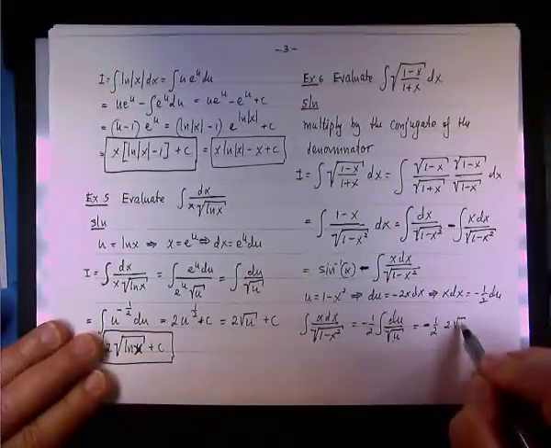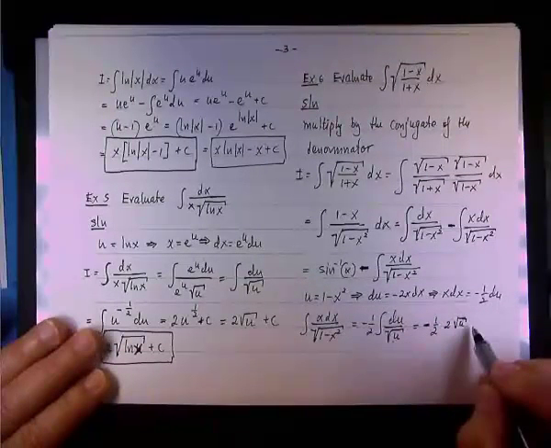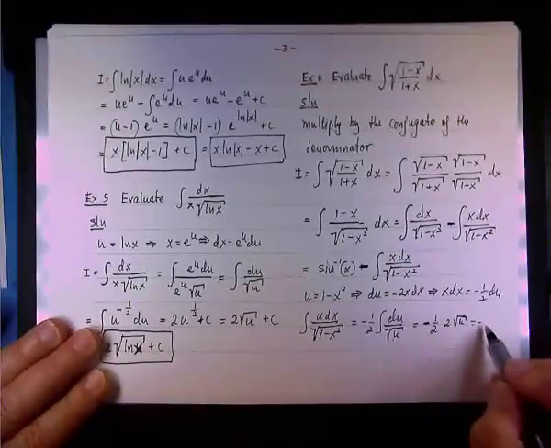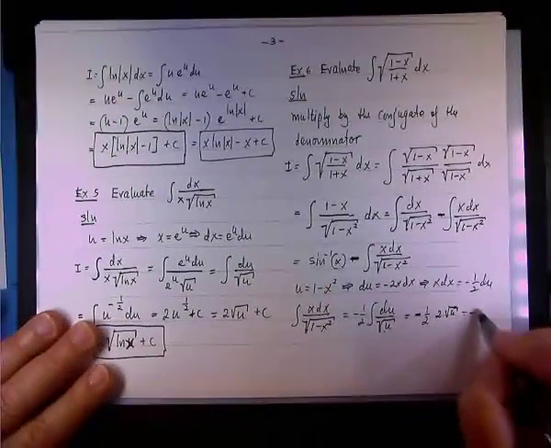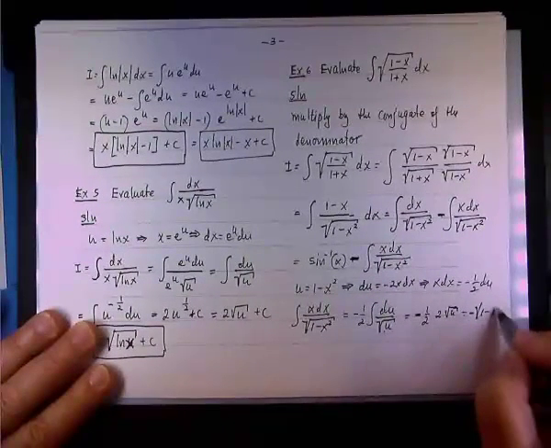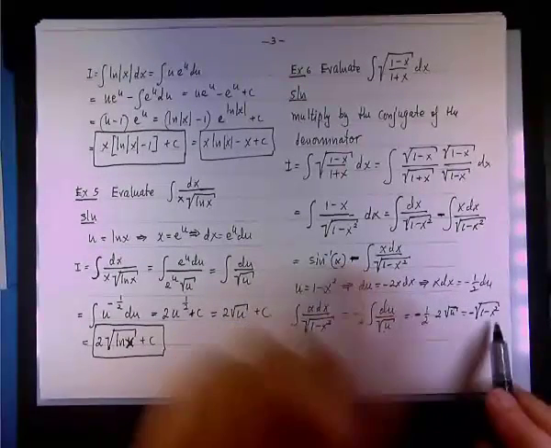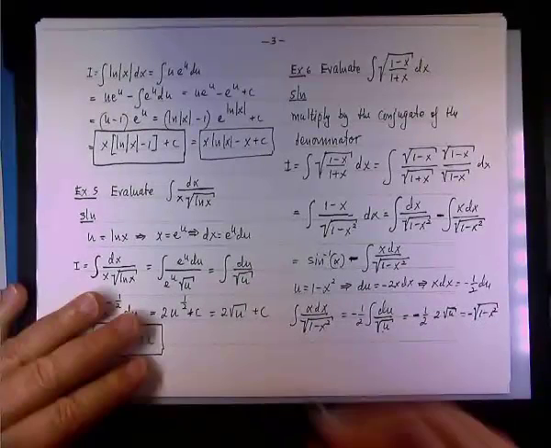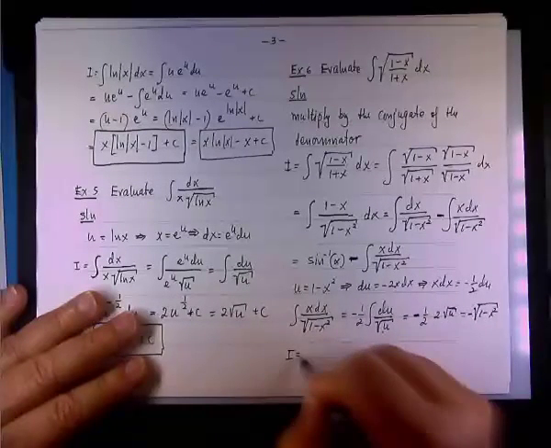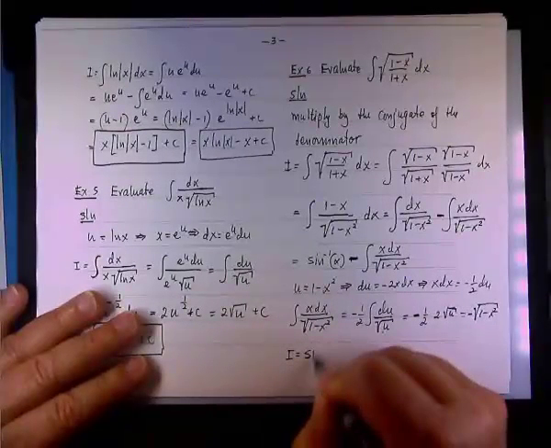Because this is u to the negative 1/2, it becomes positive, so we have 1/2 times 2 square root of u plus c, right? Or it's negative square root of u.